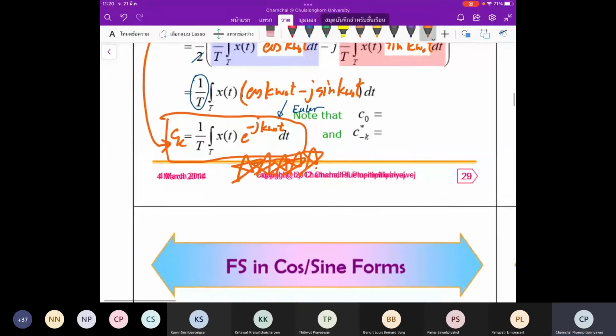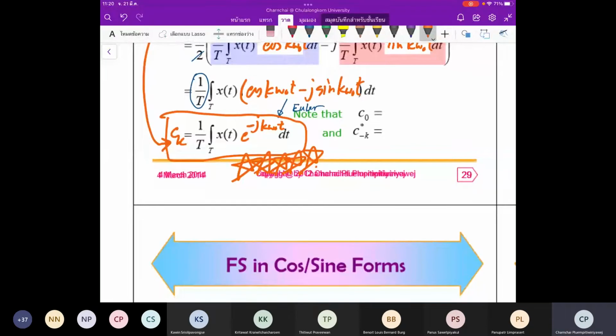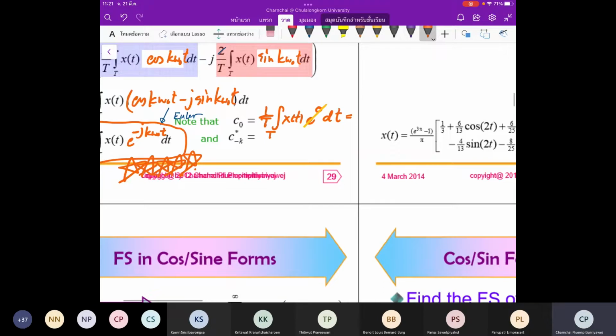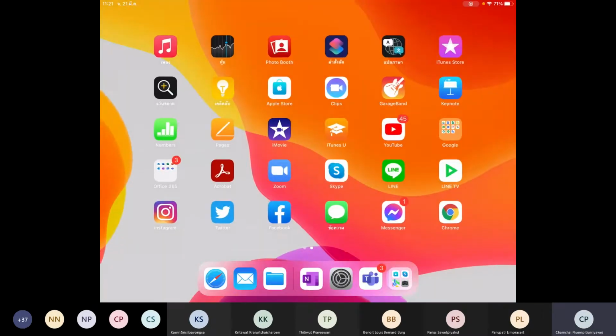And this ck, what is c0? c0 is when k is equal to 0, which is 1 over T integral over one period of x(t) e to the 0 dt. But e to the 0 is 1, which is just the signal average. What is c0? Go ahead and tell me.